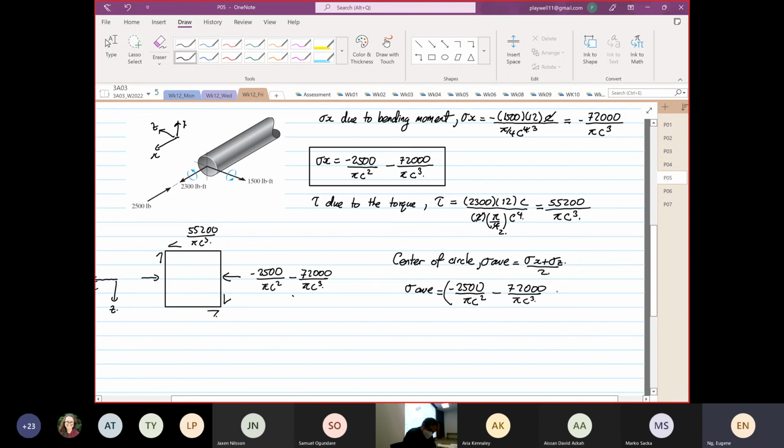You close the whole bracket, then you divide the whole thing by 2. To make things simple for me later during the calculation, I'm going to have a common denominator to be minus 2500c minus 72,000 divided by 2 pi c cube. So what I've just done is I made the common denominator to be pi c cube.